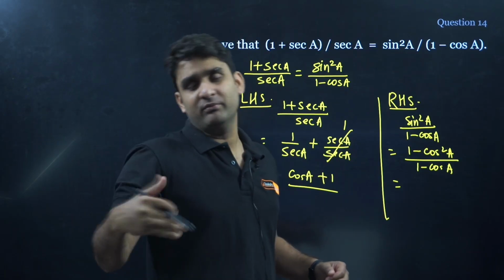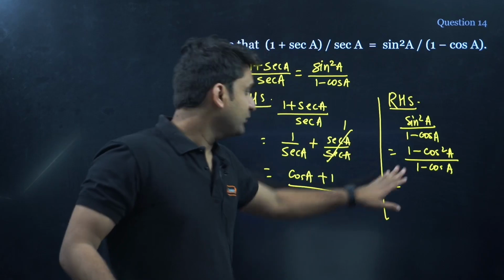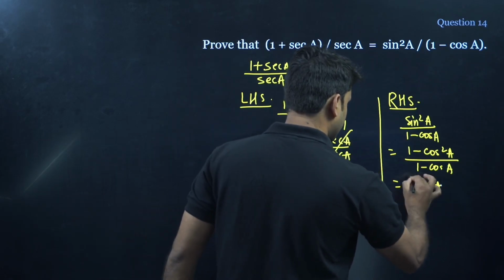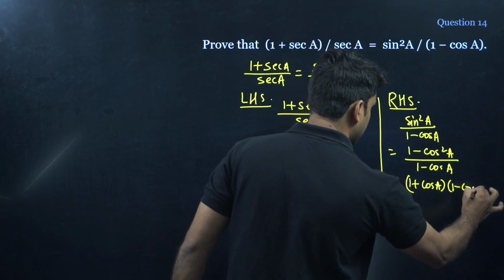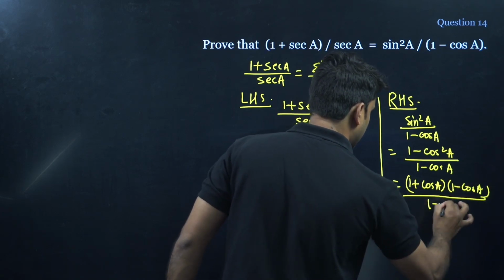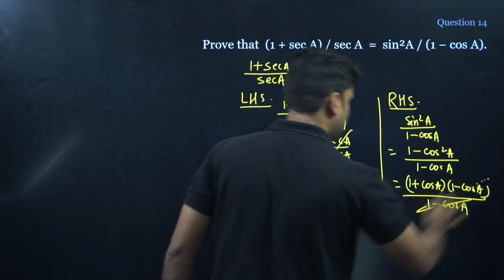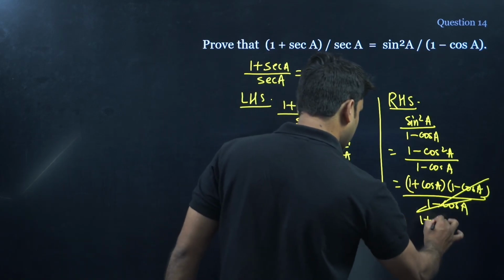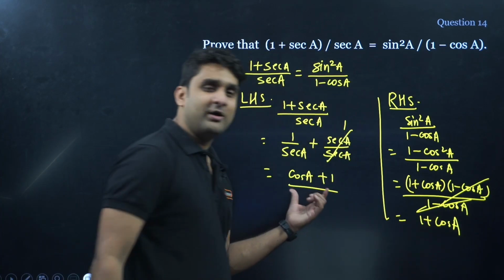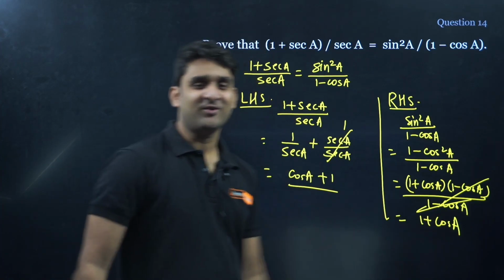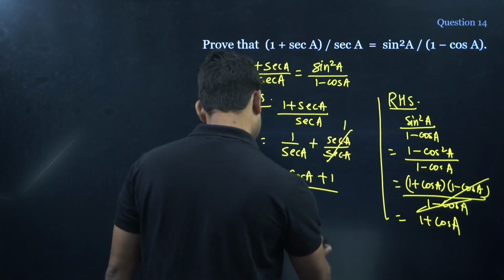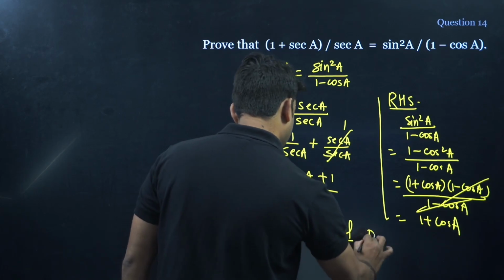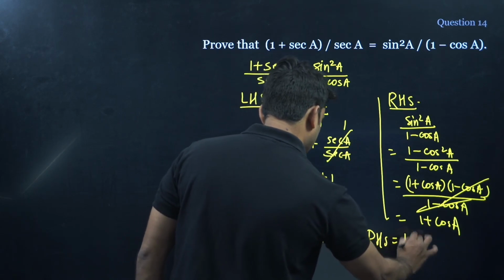So A square minus B square is equal to A plus B, 1 plus cos A, A minus B, 1 minus cos A, divided by 1 minus cos A. So it is cancelling with each other, 1 minus cos A, 1 minus cos A. So what we have, oh my god, 1 plus cos A, hence proved, RHS is equal to LHS.